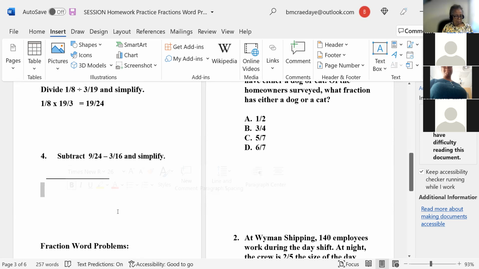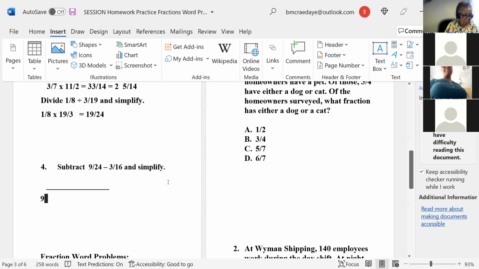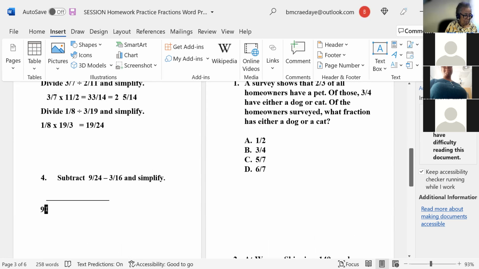And then I cross multiplied and I get 144 over 384, and then I cross multiplied again. It was hard for me to do this one, so I tried this way.